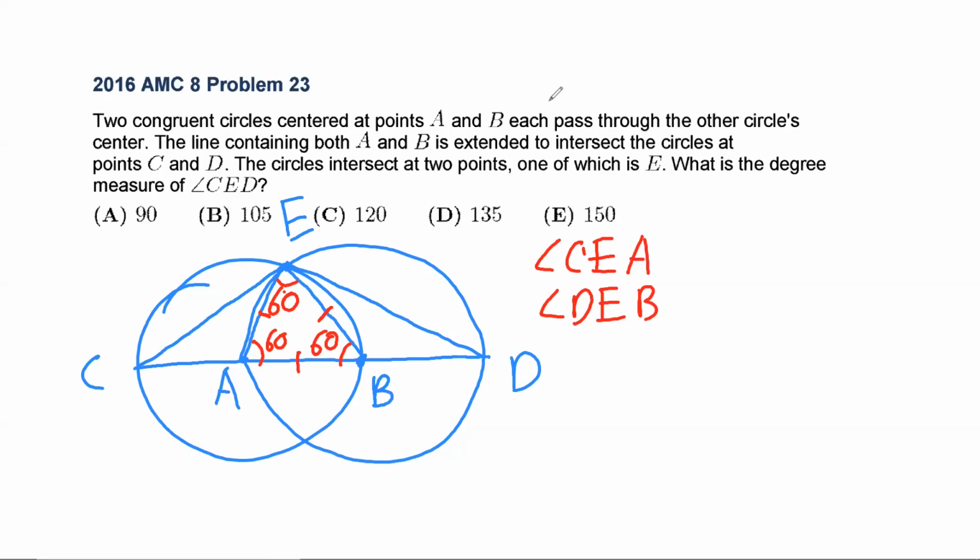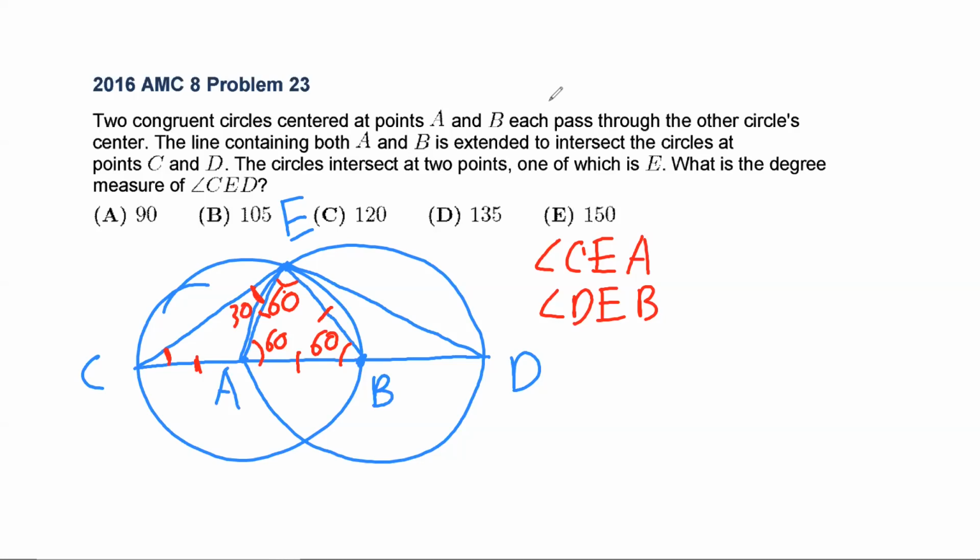So in triangle CAE, we know that CA is also equal to AE because they're both the radius, which means that this angle and this angle are equal. So by the exterior angle theorem, those two angles add up to 60, which means that each is 30. So you know that this is 30 degrees.